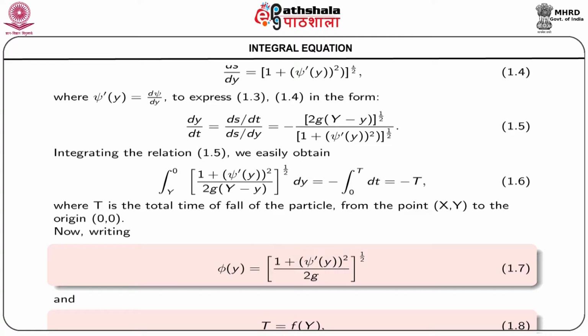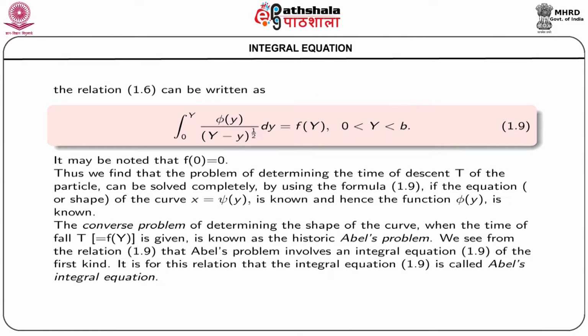Now if I write phi y equal to 1 plus psi dash y square by 2g whole to the power half, then equation 1.6 can be written in the form given by equation 1.9.